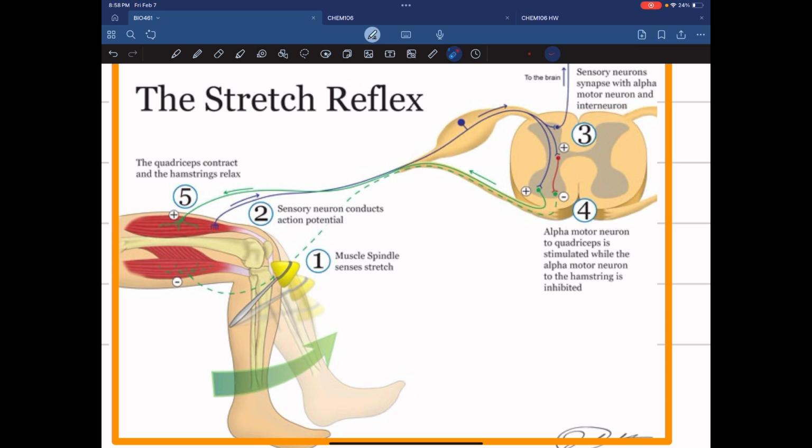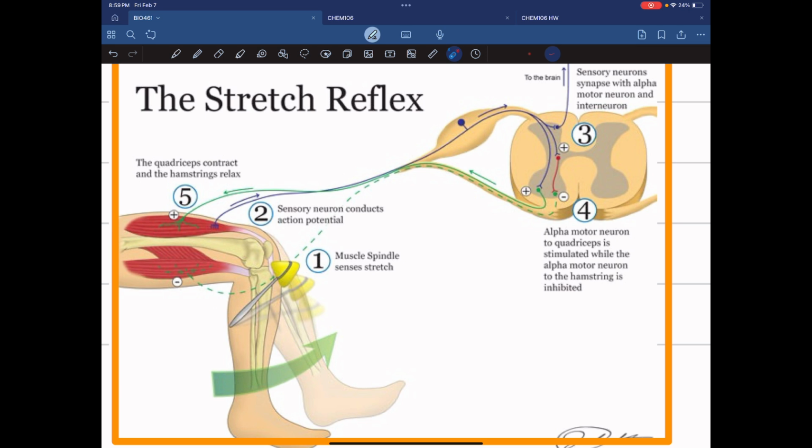So in every reflex, we're going to inhibit a muscle as we contract another one. We can see here, after this action potential comes into our spinal column, we're going to get an EPSP and an IPSP. These are going to be excitatory and inhibitory.